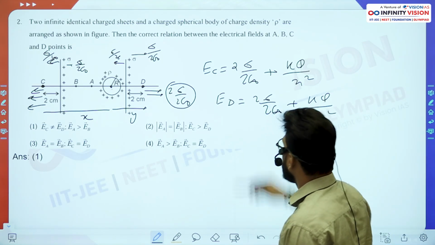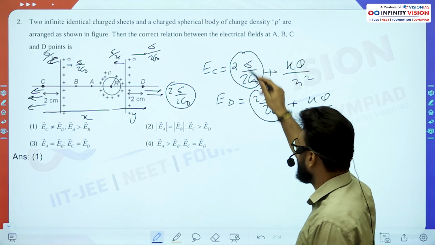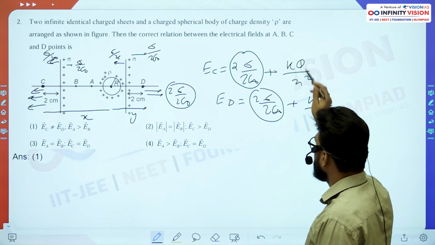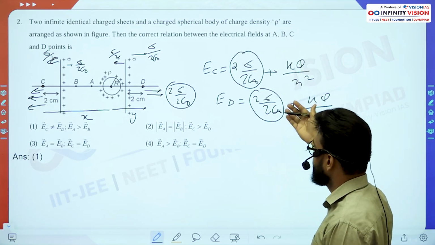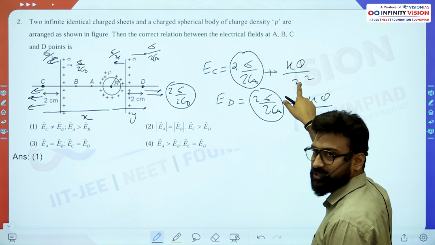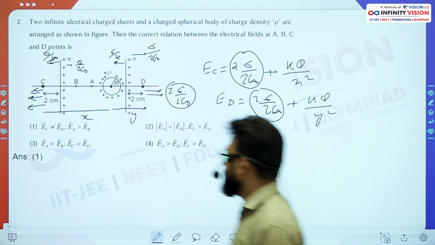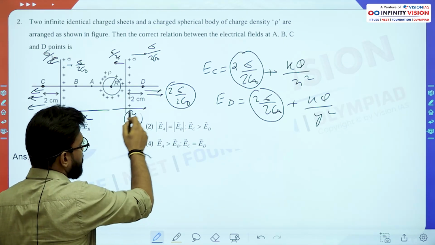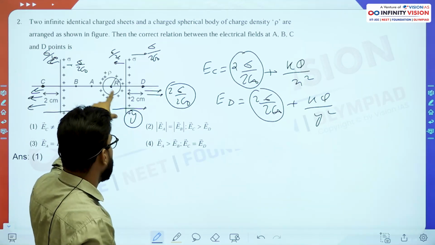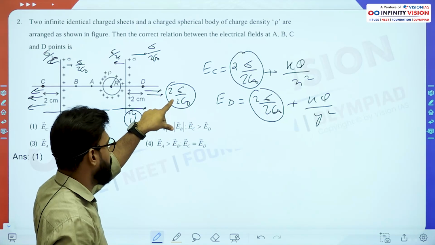Since the sheet parameters are almost identical, the only difference through which you can make out the net electric field is because of x and y. Since D is at a very near distance, that means y is very small, so the electric field because of this shell at this point would be more.